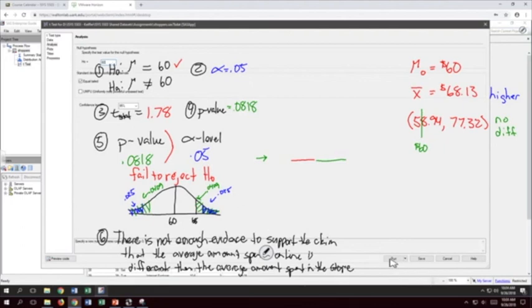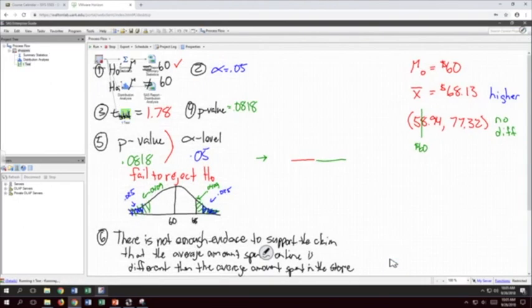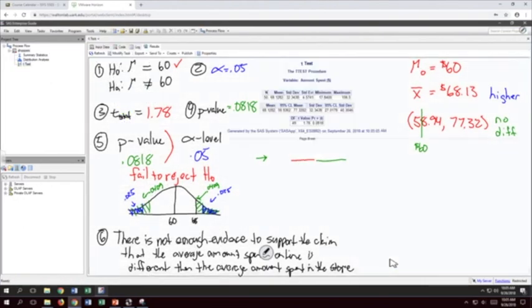And if we run this, the reason I left the writing is to make sure they're the same. So if you look at the writing, this is what we're looking at. Our t-value is 1.78, and our p-value is 0.818. So you get the same information, just in a different output.